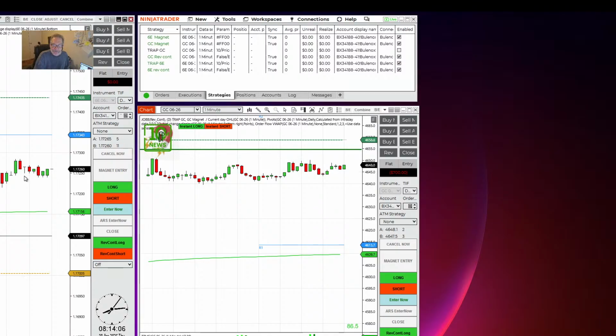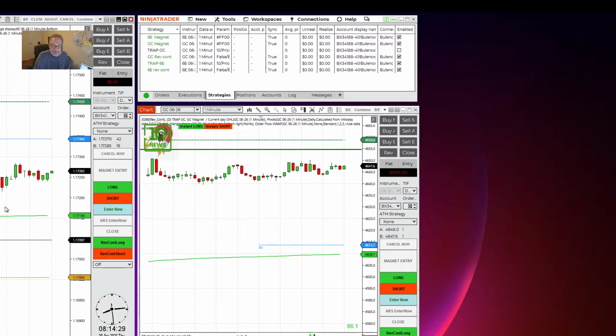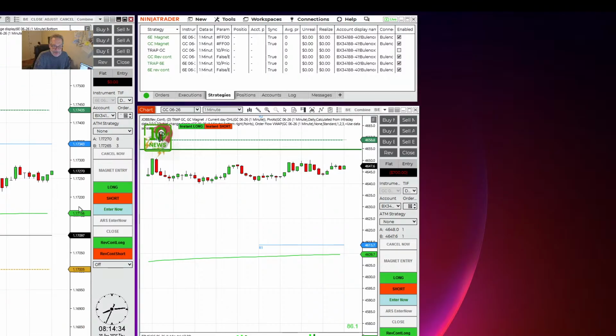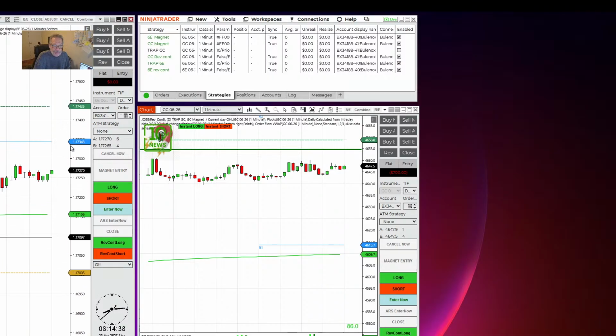One minute. Bank of England's Bailey says there are paths through this where we don't have to increase rates and paths where we do. All right, so we're just watching and waiting for the news to come out, and we'll see what kind of response there is. We'll adjust our charts so that we could see our orders. Bailey says, I don't think the interest rate curve is in the wrong place.